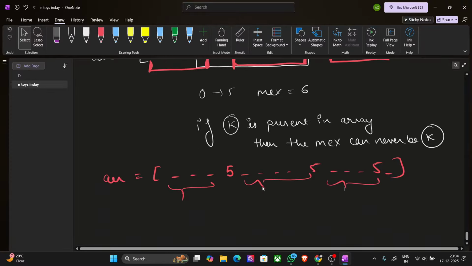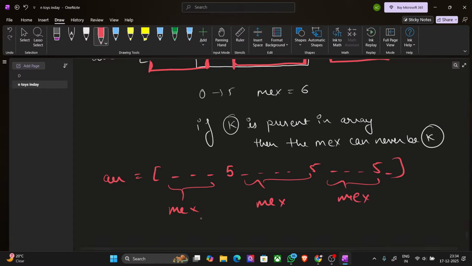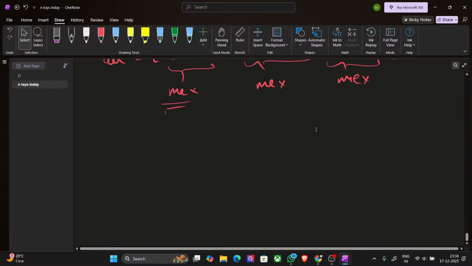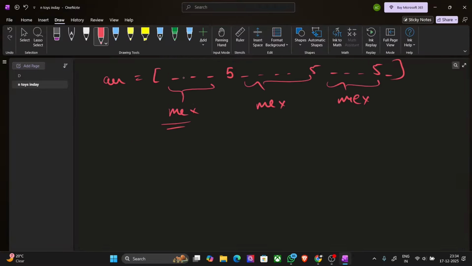Now what I have to do, I will just take the max of these elements and find out how many elements I need to insert there.